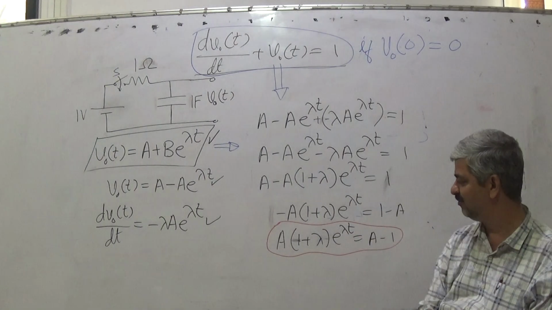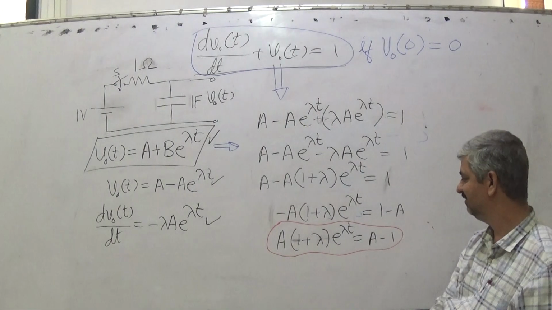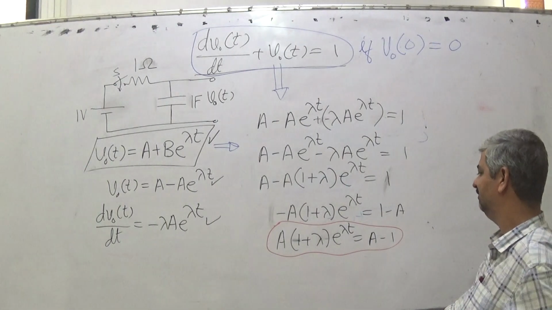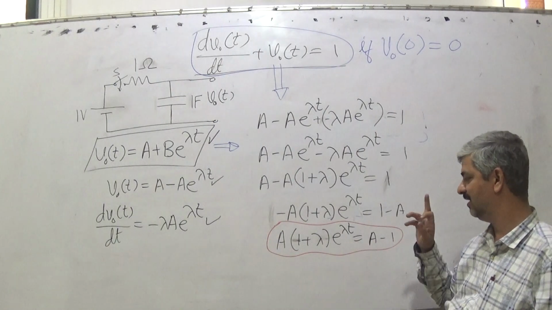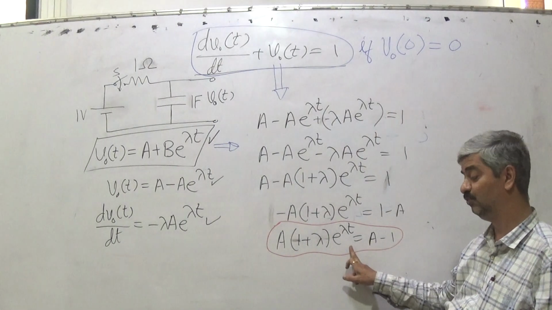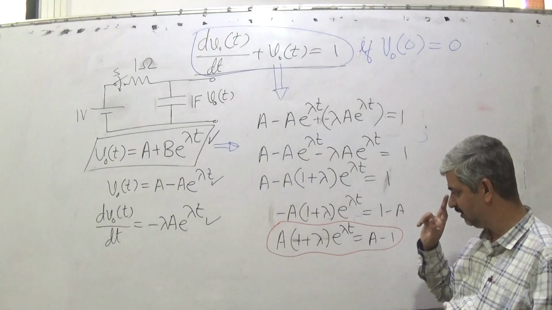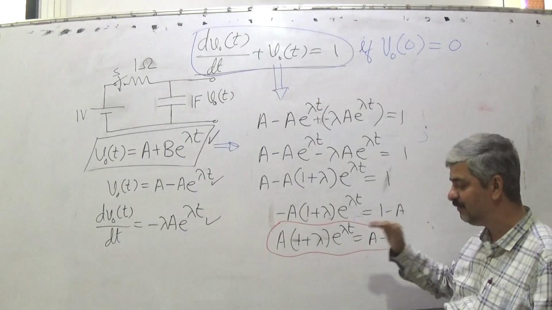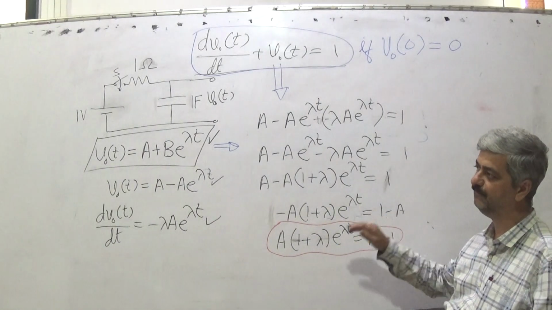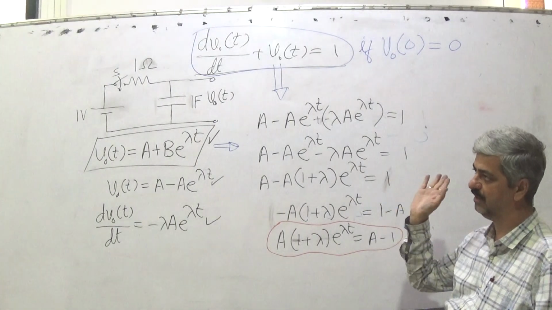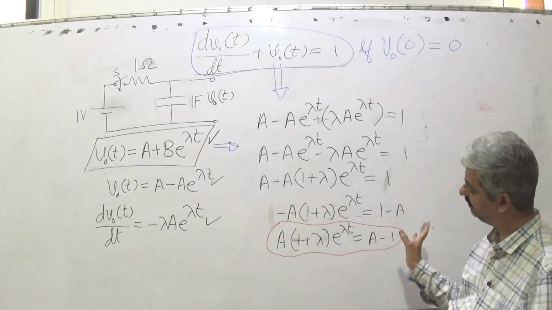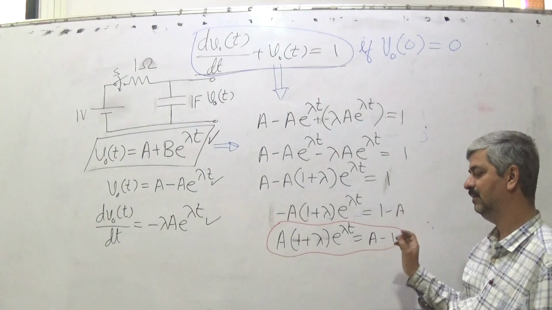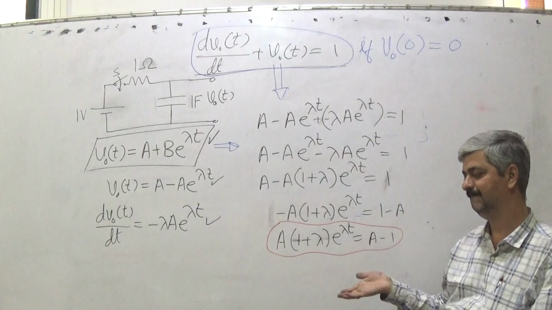So in that exponential equation there is a simple way. One exponential equation in fact contains two equations. One for the terms with e raised to lambda t and terms without e raised to lambda t.